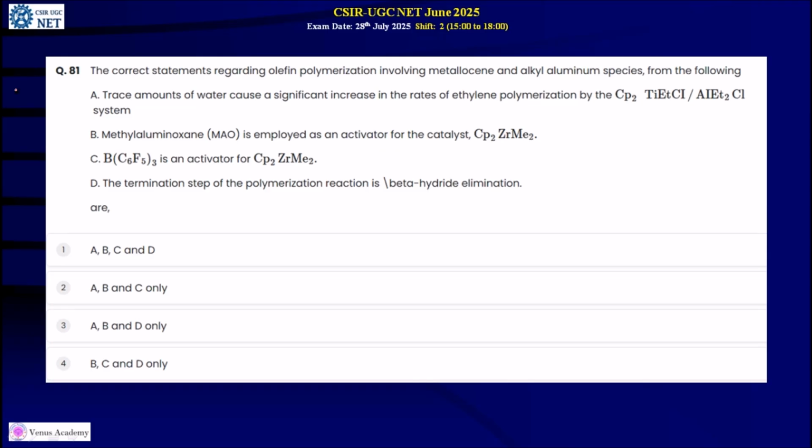Statement B, statement C, boron complex. Statement D, the termination step of the polymerization reaction is beta hydride elimination. So question number 81, option number 4, that means B, C, D only are correct, students.